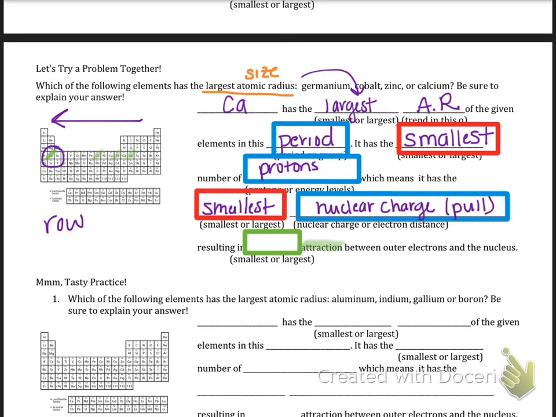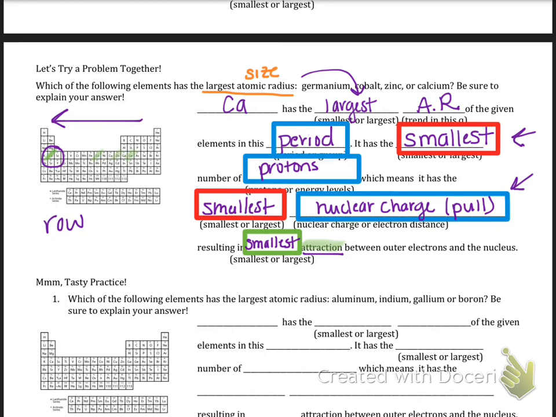If you have not that much love, so low protons, you're not going to pull them in for a really nice hug. They have very low nuclear charge. The pull is very small. If that's the case, does it mean that you love them a lot? Is the attraction strong or is it weak? It is very, very weak. You don't love them very much, so it has the smallest attraction. It is a very cringy type hug.